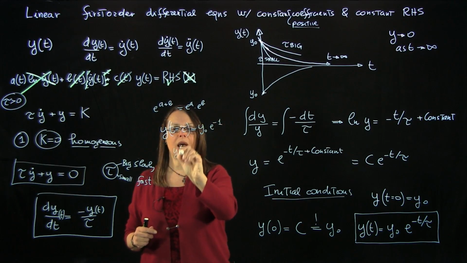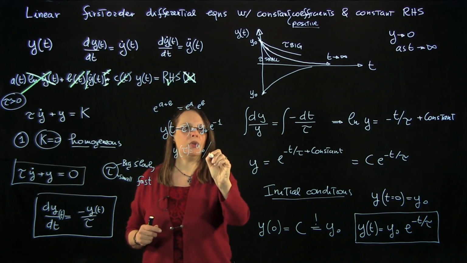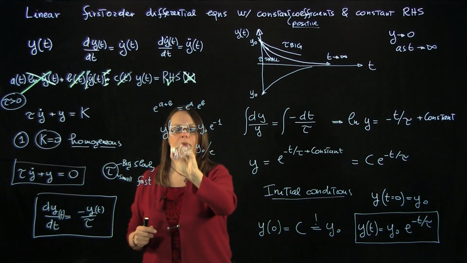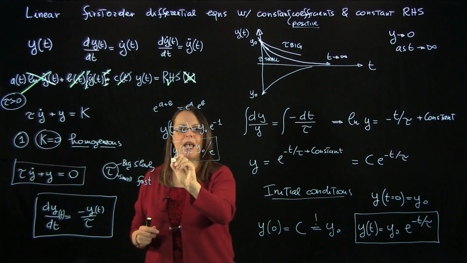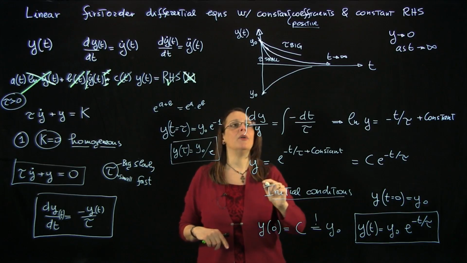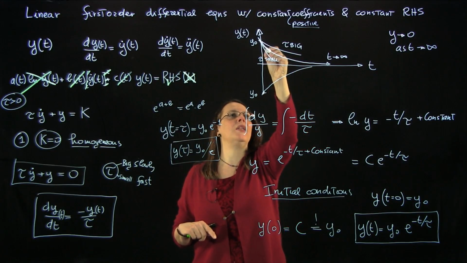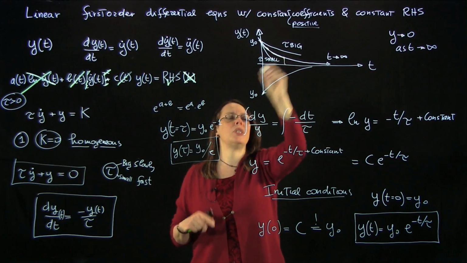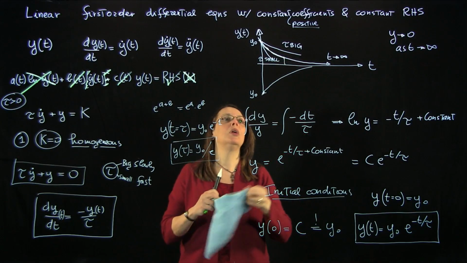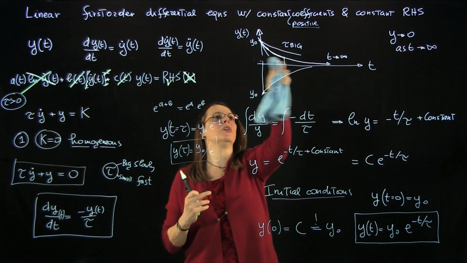So y of tau is equal to y0 over e. So e is just a number, 2.7 whatever. So this tells me that at time equal tau, the function goes to a value which is a little less than half of the initial value.